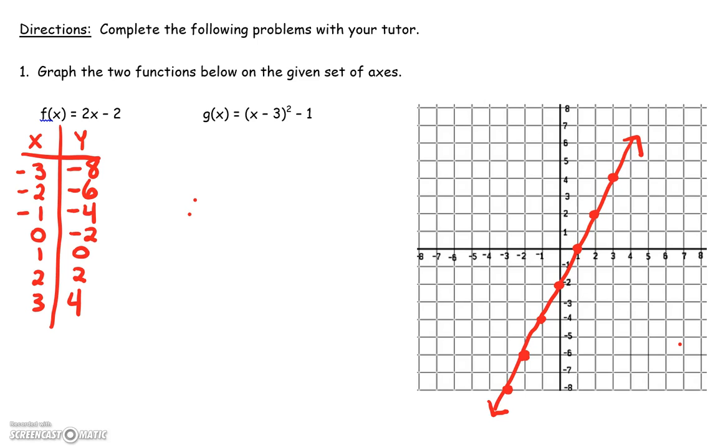I'm going to do the exact same thing for g of x. Again, I'm going to choose a couple of xy values to use as my input-outputs. This time I'm going to choose a few more just to make sure that I get a nice picture of this function. So I'm going to start all the way down at -5 for an input and end all the way at +5.